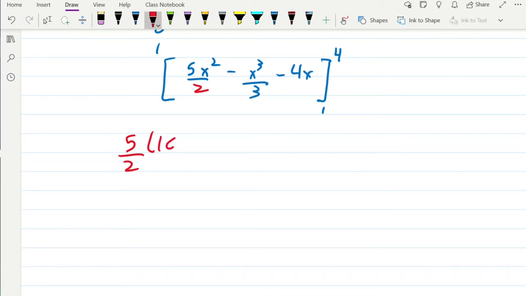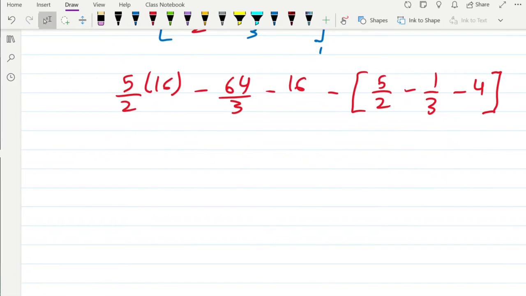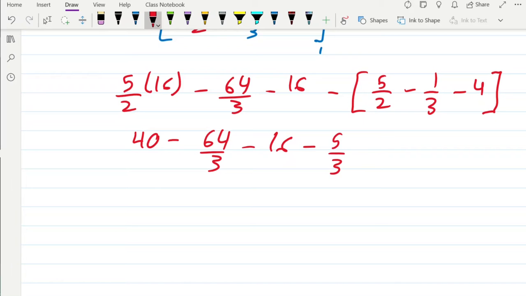5/2 times 16 minus 64/3 minus 16 minus 5/2 minus 1/3 minus 4. So we're going to get 5 times 8, which is equal to 40 minus 64 over 3 minus 16 minus 5 over 2 plus 1 over 3 plus 4. 40 minus 16 is going to equal 24.